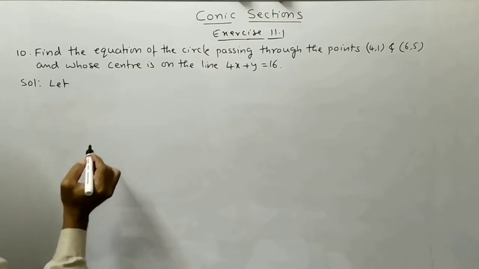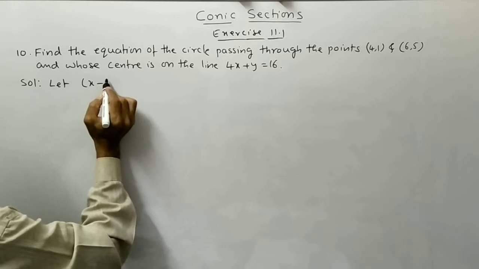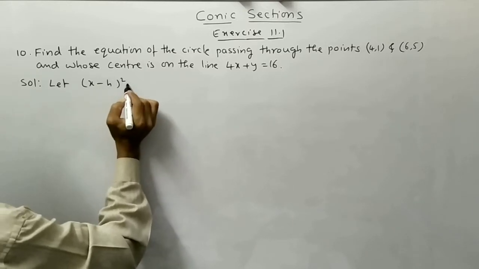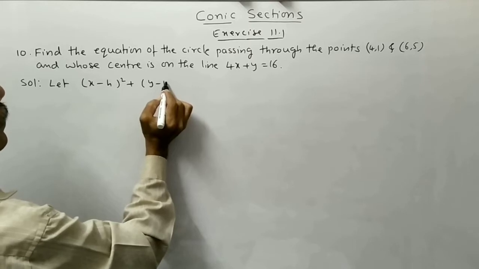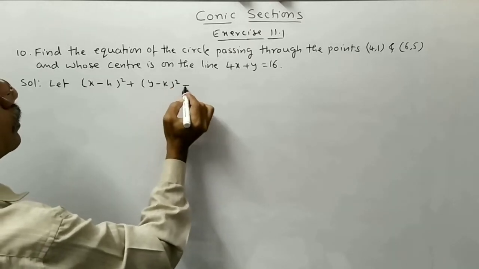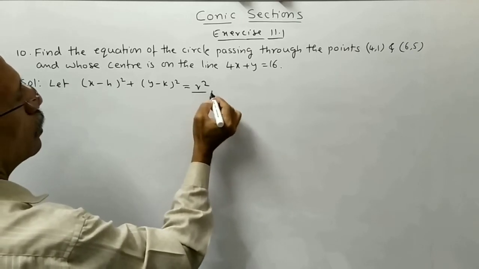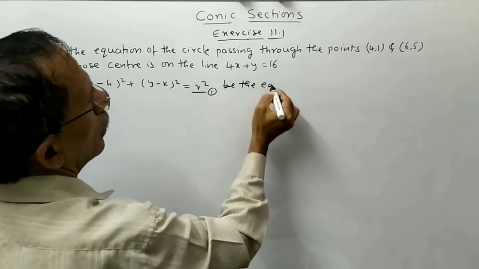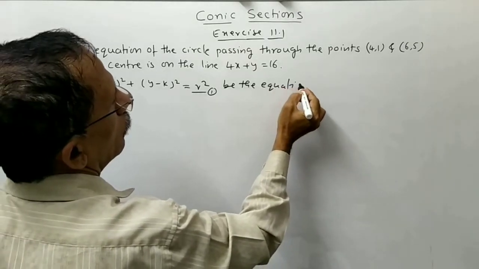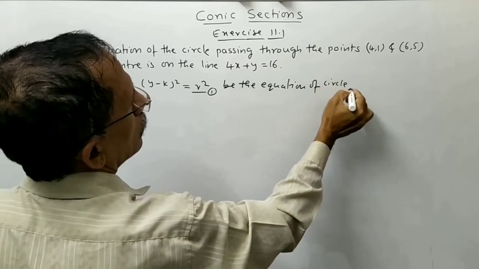Let (x - h)² + (y - k)² = r², say number 1, be the equation of the circle.